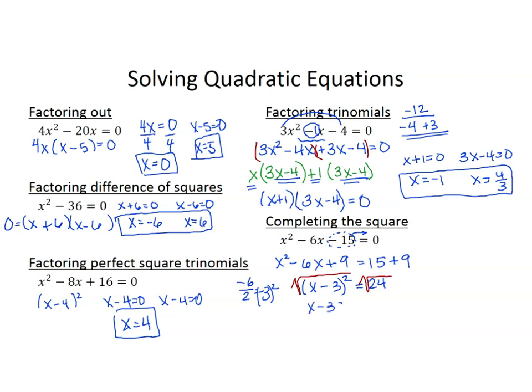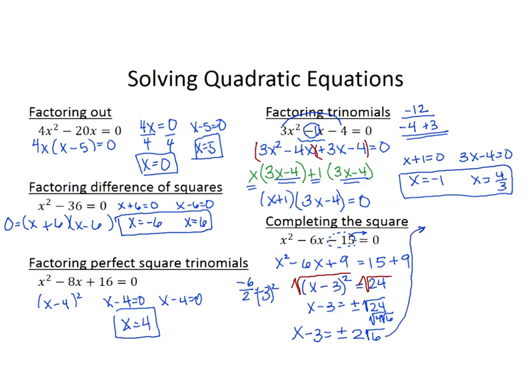When I do that, I have x minus 3 equals plus or minus the square root of 24. Now, the square root of 24 can be rewritten as square root of 4 times square root of 6. And the square root of 4 is 2. So I can rewrite this as x minus 3 equals plus or minus 2 root 6.